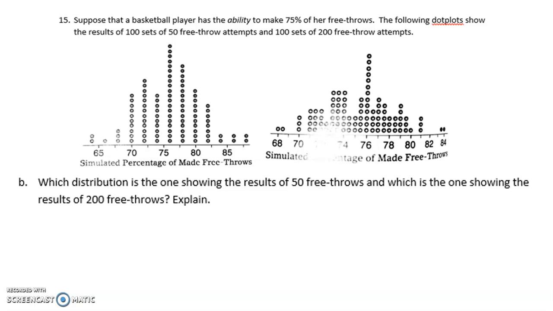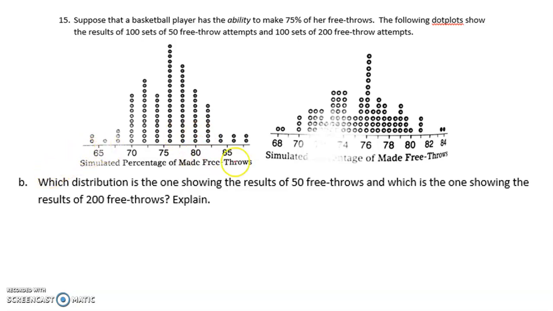Which one shows the results of 50 free throws and which one shows the results of 200 free throws? This one's kind of tricky. Remember, the law of large numbers is going to say they're going to be more compact. It's going to be more centered around the actual ability. But these look roughly the same. The one on the right might even look a little more spread out.